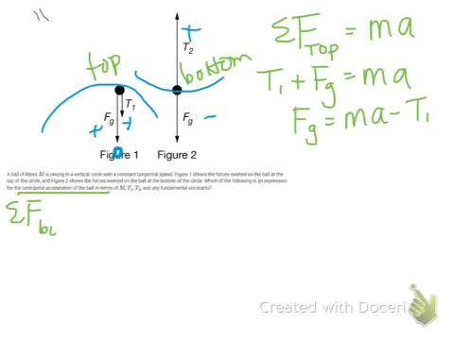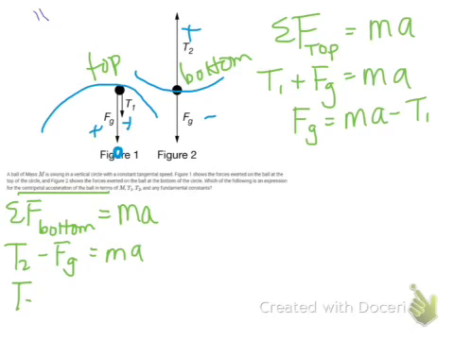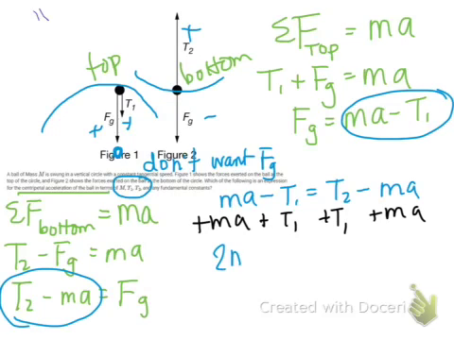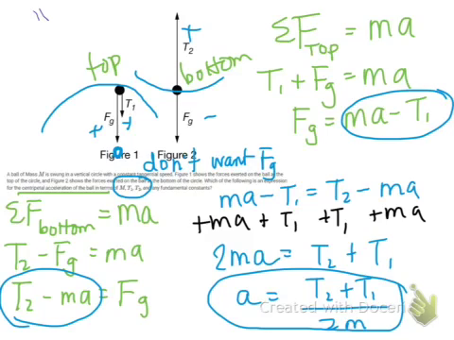So again, setting up that sum of forces at the bottom equals ma, that's centripetal a. Tension minus weight equals ma. And I solved both of these for Fg because I don't need it. I don't want that in my final answer. So what I can do is set those two circled quantities equal. And all I'm doing now is solving for acceleration. You end up with T2 plus T1 over 2m.